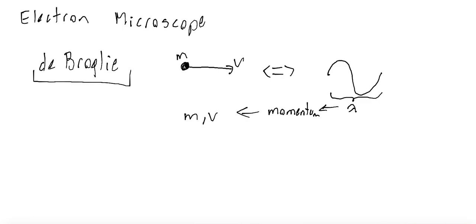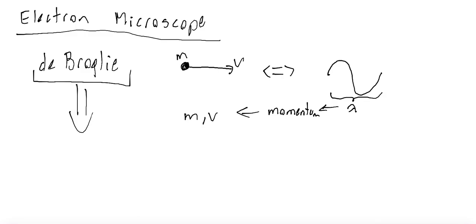So we can say that a particle behaves as a wave. So in this case, in the electron microscope, an electron, a tiny particle, like a little marble, behaves as a wave like light. Okay, and de Broglie connects by an equation the world of particles with the world of waves.